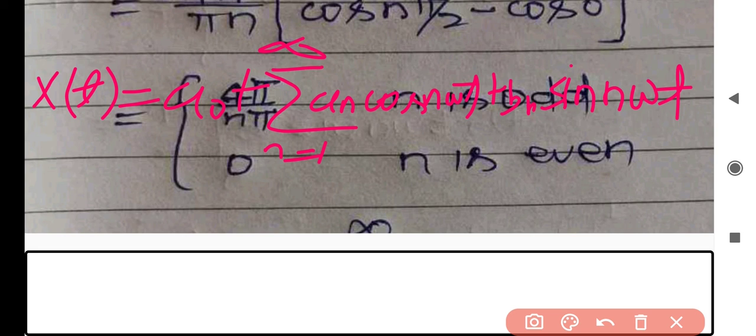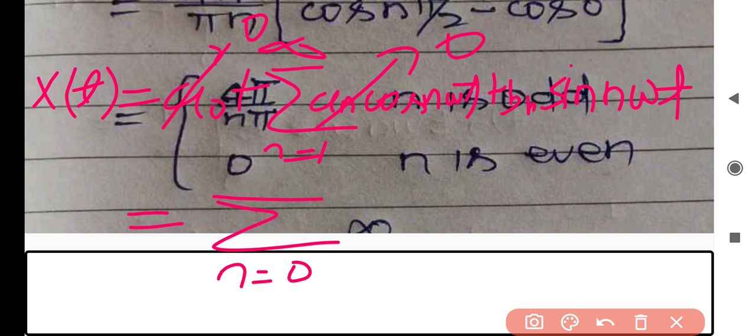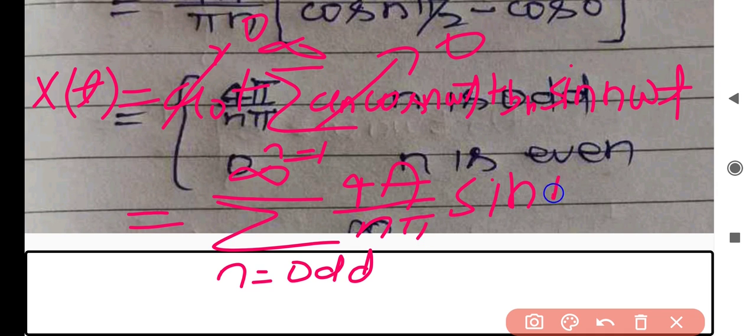Here, because the signal is having quarter wave symmetry, a naught will become 0, an will become 0, then the value of the signal will be the sum with n taking only odd values, n is equal to odd to infinity, of bn, 4A upon n pi into sin n omega t, where n will take only odd values till infinity.